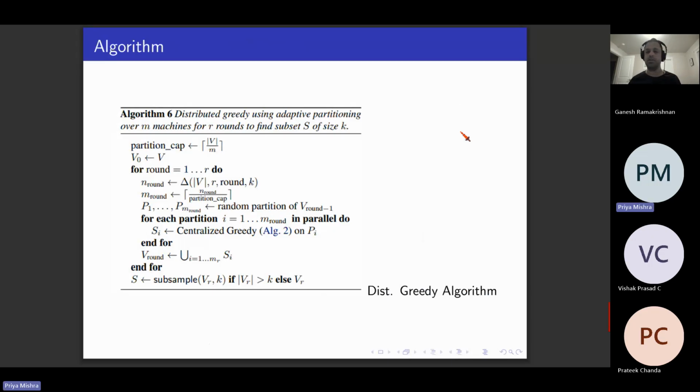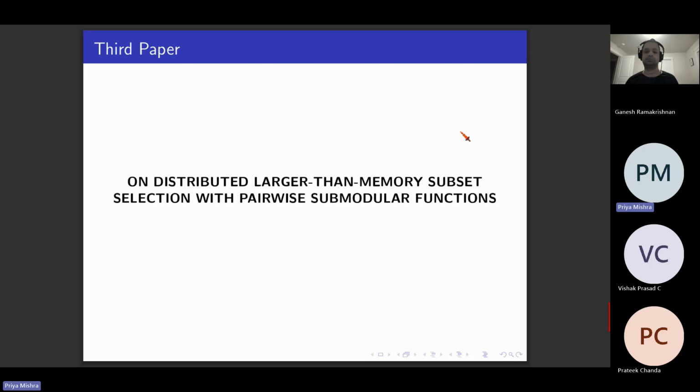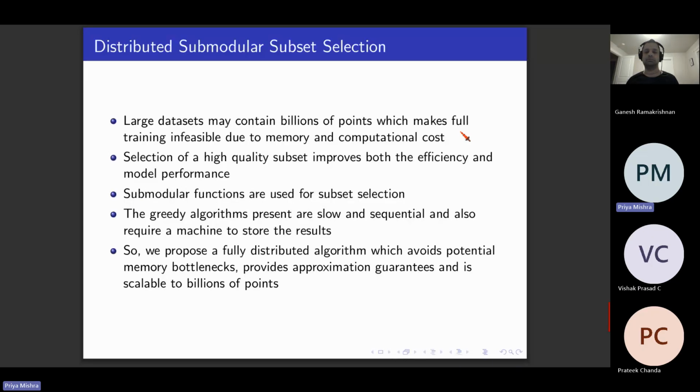In the ground set, if you think of V points, on shrinking and gaining the points, we have the subset part and the data set which is left, and then you will use this greedy approach to refine these points. So these two algorithms are sequential, one after the other we should do.